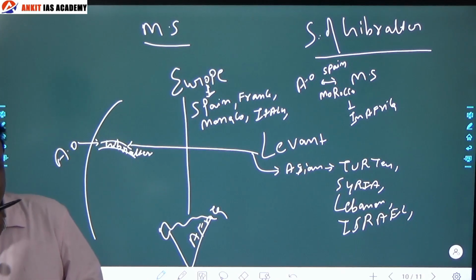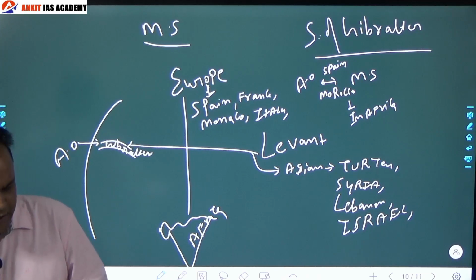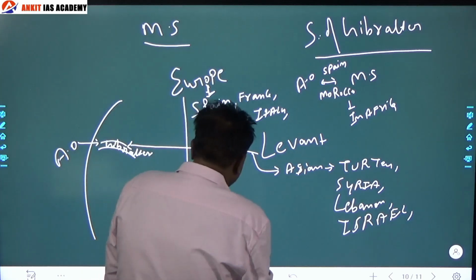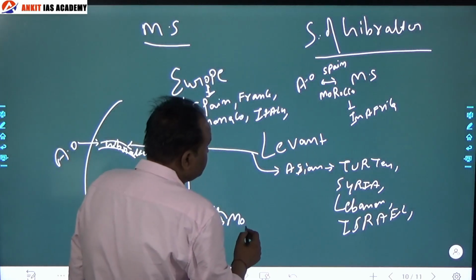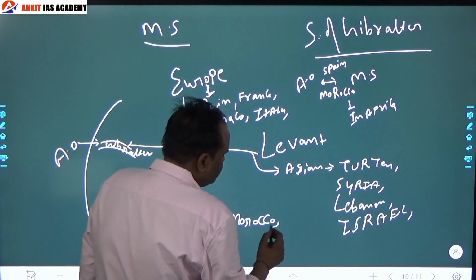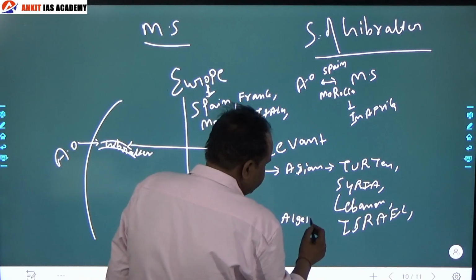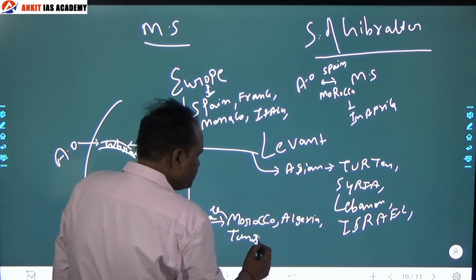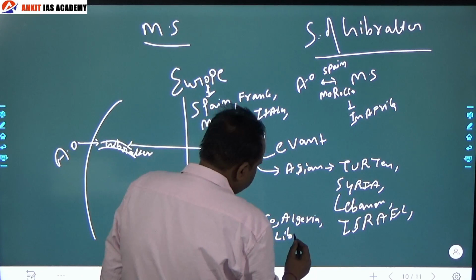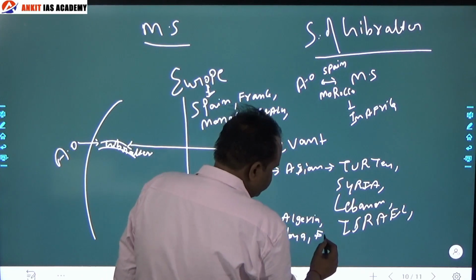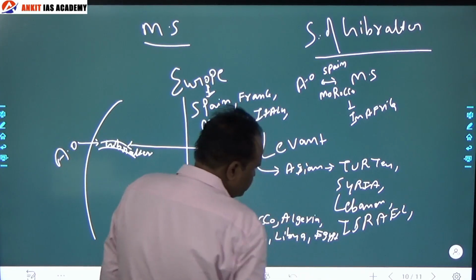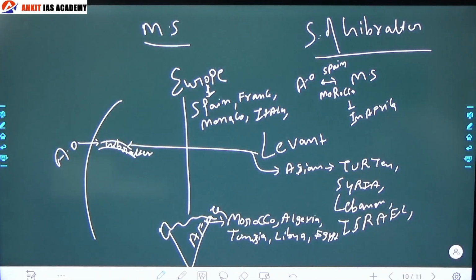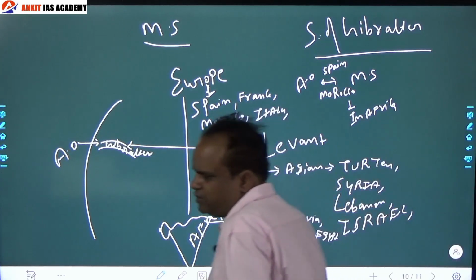African countries along the sea are, note down: Morocco, Algeria, Tunisia, Libya, and Egypt.